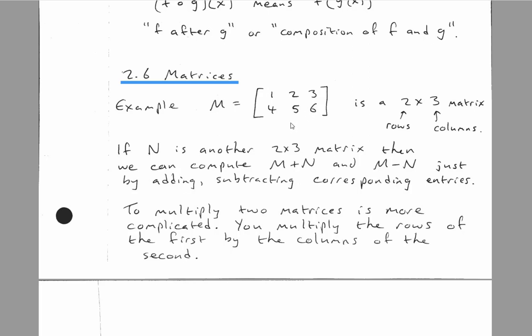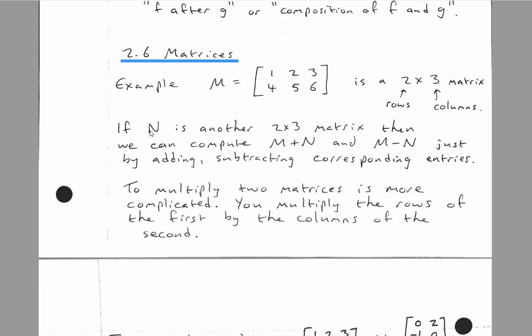You could have a 1 by 1 matrix, just with one number. If you have 2 matrices of the same size, then you can add and subtract them just by adding and subtracting the corresponding entries. These numbers are called the entries of the matrix.